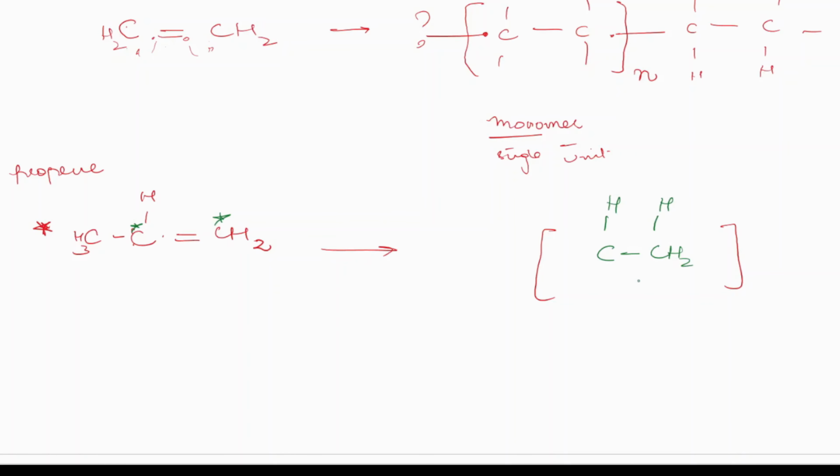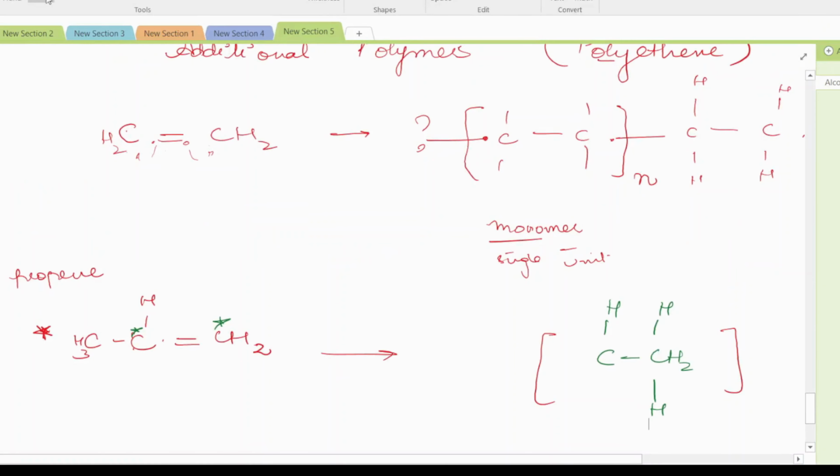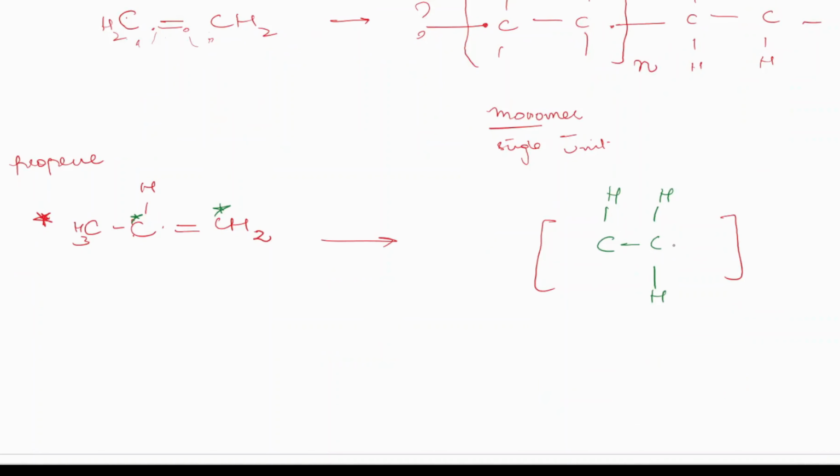Let me make an expanded form of this structure. This would be repeated. This bond would be there in the polymerization. Here we have another bond which would be included in polymerization.